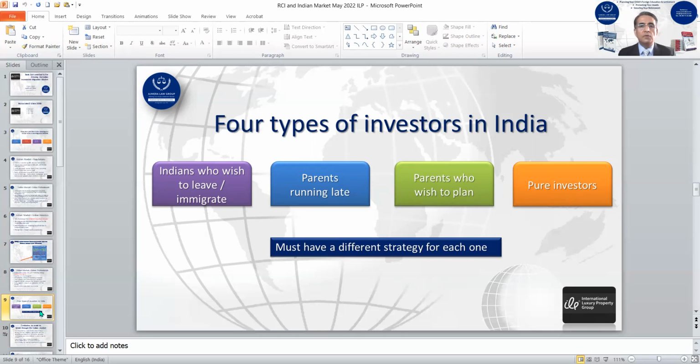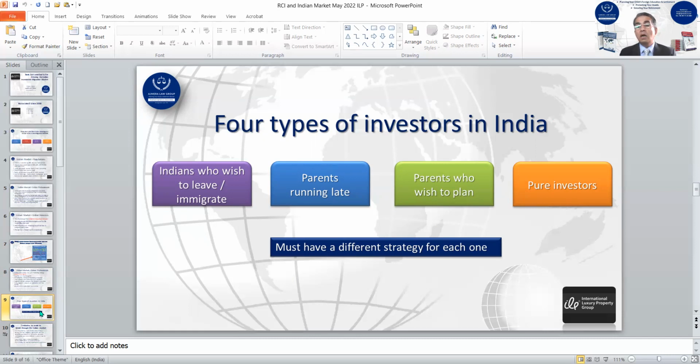And the 4th one is the pure investors, because they have understood the importance of diversifying their portfolio. They are interested in investing in real estate out of India. They are interested in investing in financial instruments. They are interested in basically getting better returns and so forth. So they are pure investors.